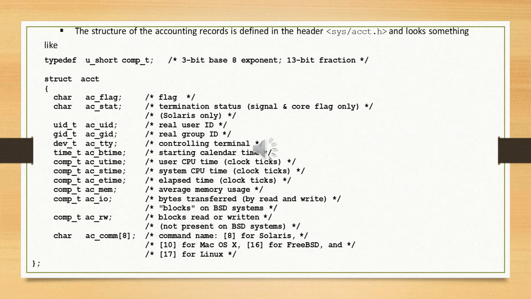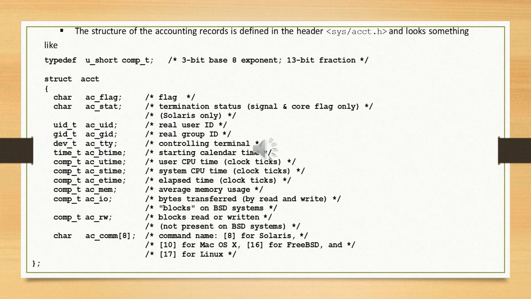Then one more variable, ac_io, is the bytes transferred by either read or write operations. You consider the specific number of blocks in BSD systems.